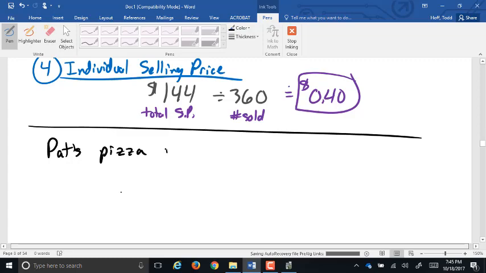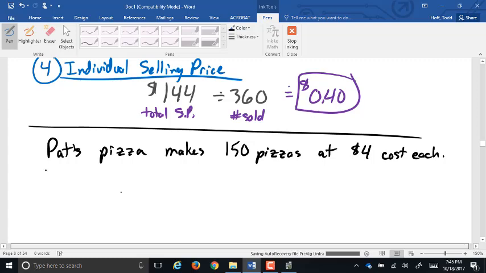Pat's Pizza makes 150 pizzas at a cost of $4 each. Actually, let's make this an easy one. 8% will spoil without being sold.